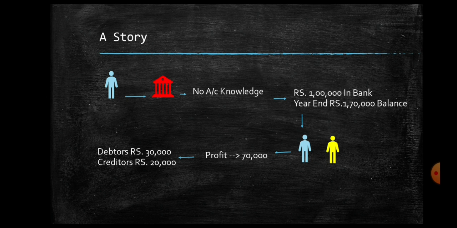So Mr. X told him that some of his customers have to pay rupees 30,000, and he has to pay like 20,000. Then Mr. Y told him, I will make you a summary so that you can understand your receipts and payments.